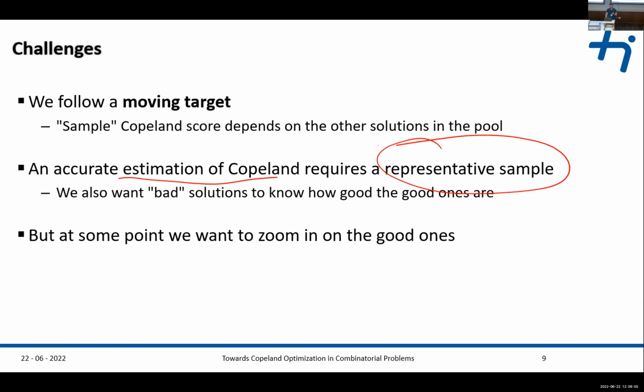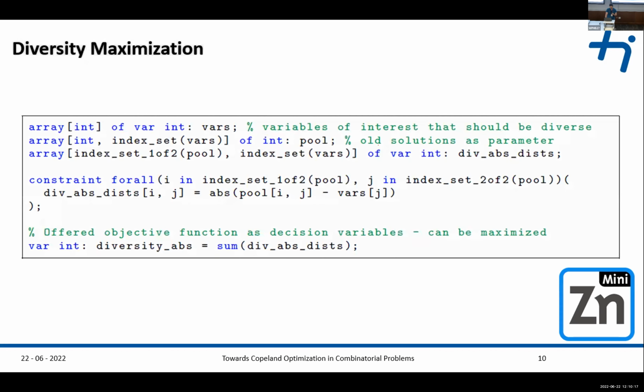If we are in a pool of only good solutions, we really underestimate the quality of our candidates. Conversely, if we are only working with bad solutions, the one-eyed among the blind really looks much better than it is. But of course, at some point, we want to zoom in on the good ones. To help with this, we've used a slight trick in MiniZinc.